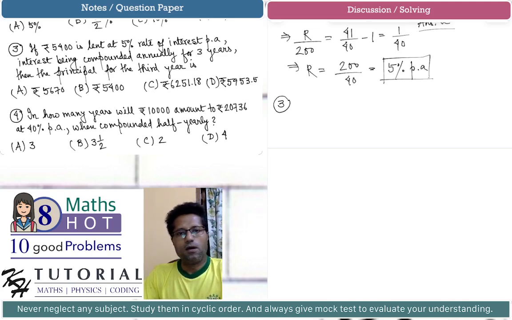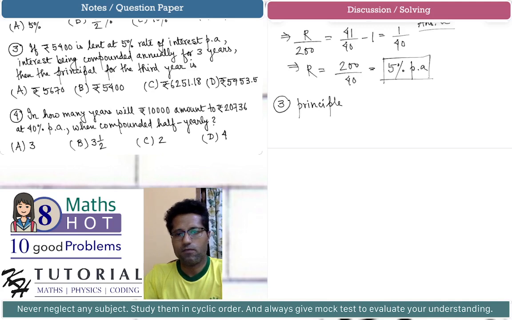For compound interest, the principal considered to calculate the interest for a particular unit of time is the amount that was computed in the previous unit of time.